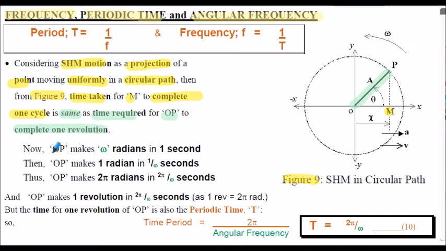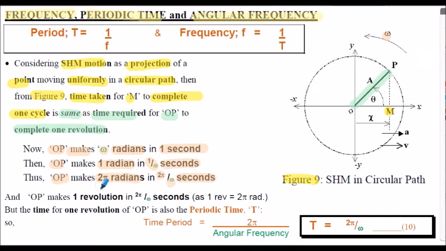So if OP makes omega radians in 1 second, omega shown here, then we can say that OP makes 1 radian in 1 upon omega seconds. Or OP makes 2 pi radians in 2 pi upon omega seconds.